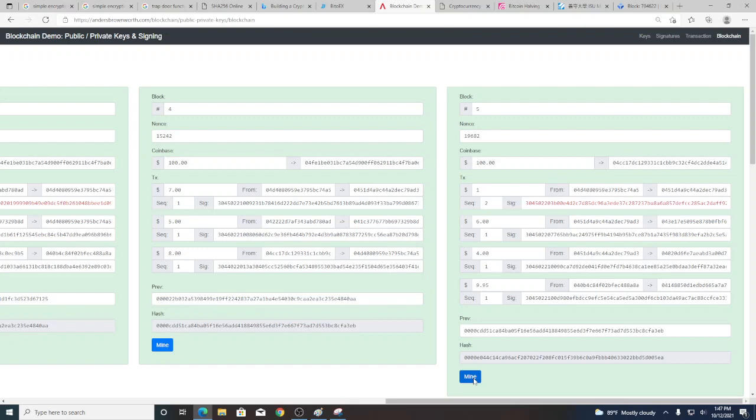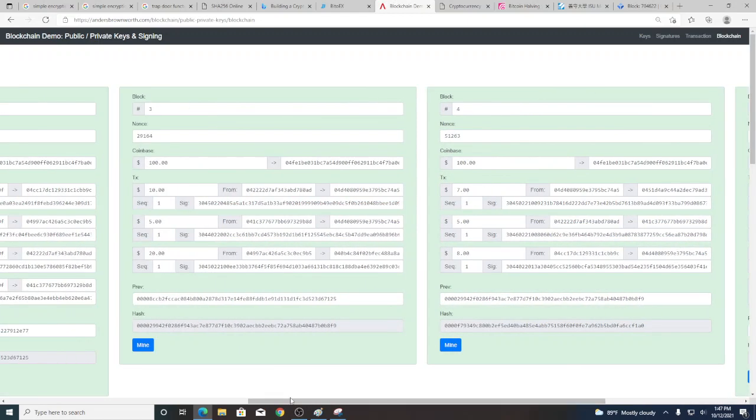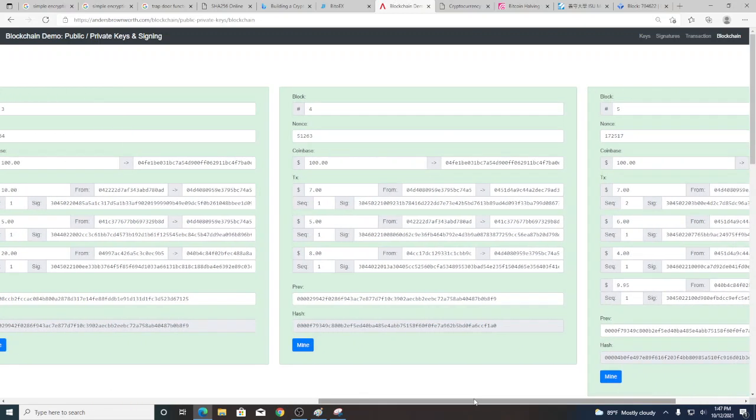But if you wait for more blocks to come out after that transaction, and blocks on average come out every 10 minutes, right? Then it will be virtually impossible for me to change that transaction, because I'm competing against the rest of the world. It's basically impossible for me to win 3 times in a row while the rest of the world is trying to build more and more blocks on top, right?